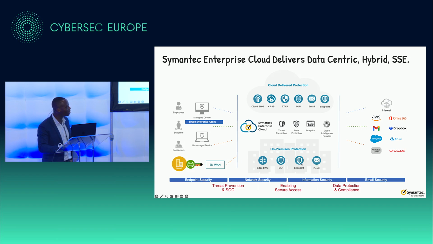We can provide you the secure web gateway, the DLP, the endpoint, and the email. And we can also provide it in the cloud. So all these solutions, whether on premises or in the cloud, can talk to each other and share information. And before you reach your destination, we will be able to protect you, and also protect you in the cloud by using CASB, and also analyze the traffic in your cloud provider environment.